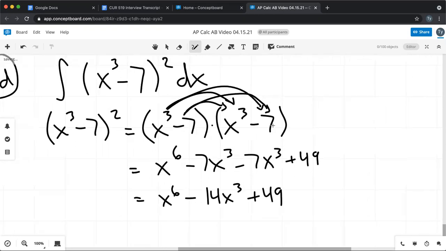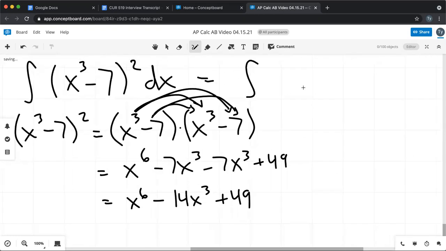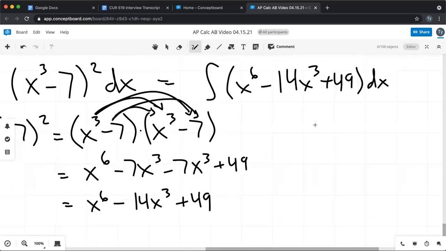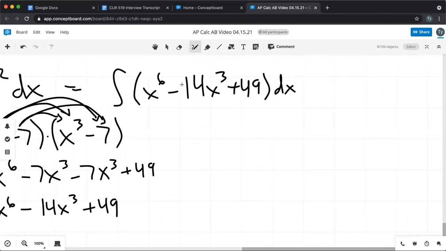All right. So we can rewrite our integral as, instead of this, just a bunch of powers. By now we're pros, we know how to use power rule for each of these terms. So let's do it. We don't even need U-substitution for this one. Using power rule, we increase the power and divide by that power. Minus 14x, increase the power, divide by that power.